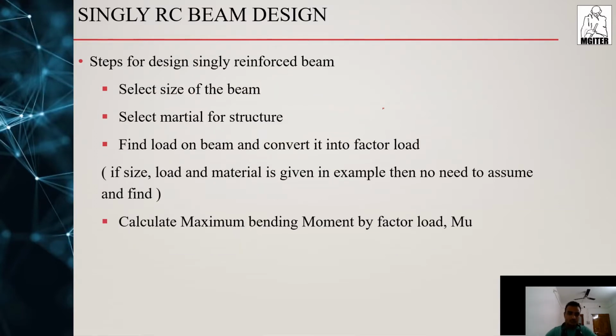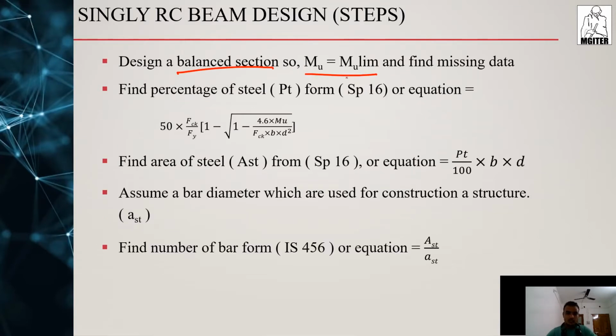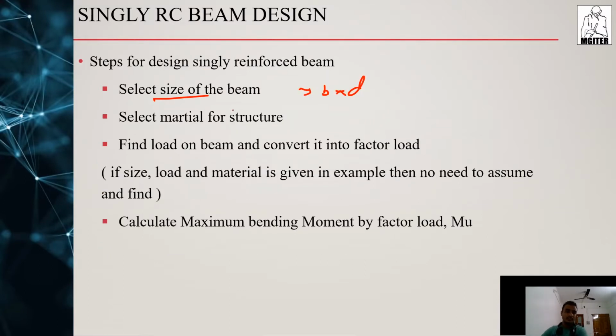First of all, we assume the size of the beam. Here the width or depth we assume, but these are to be checked. If I assume a 350 depth of the beam and check by Mu is equal to Mu limit, then my depth value comes out as 400. That means I have to revise all the data from here.